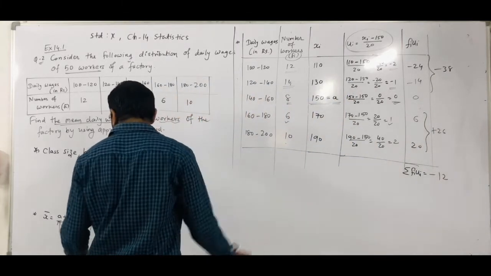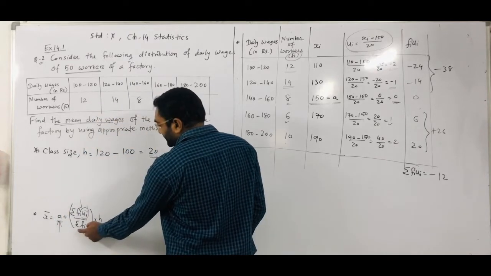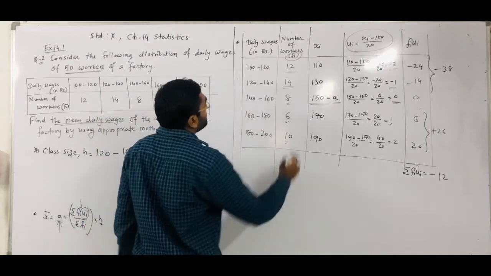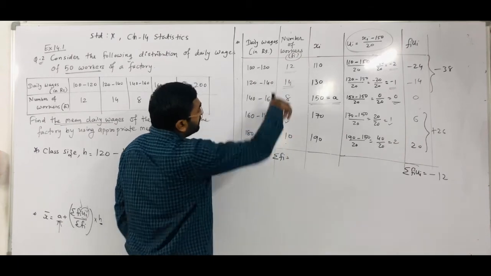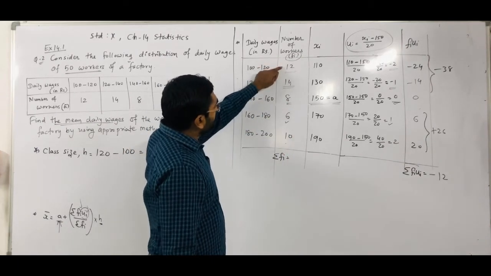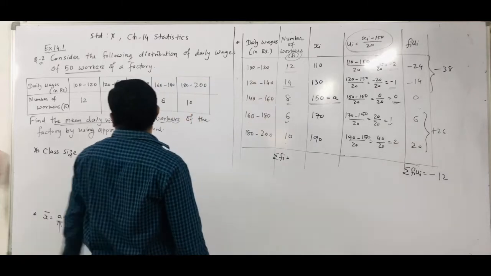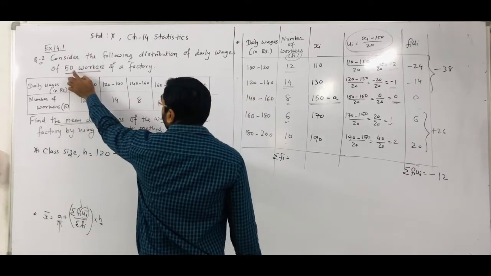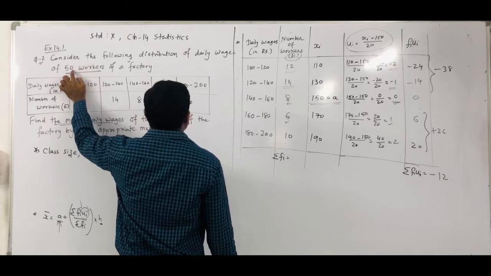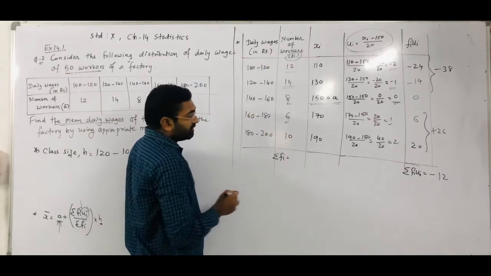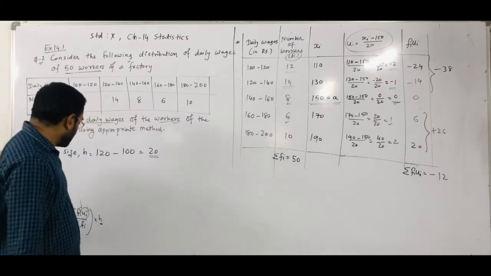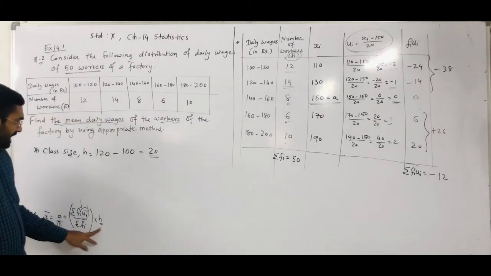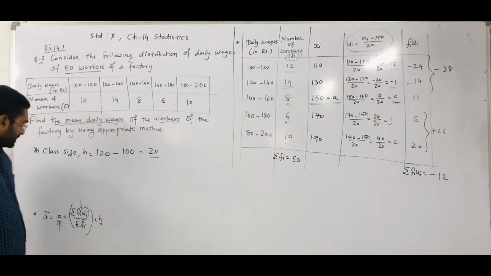Now sigma fi ui value we get, another value we require is sigma fi. So summation of all frequency values. The second column is the fi value, so its summation we have to do. In the question they also give that there are 50 workers in a factory. If you do the summation of this frequency, you get 50 only, right? So sigma fi value is 50, h value we already represent, which is 20.